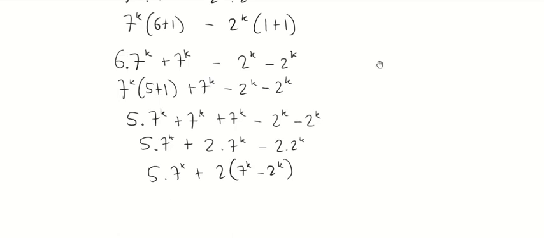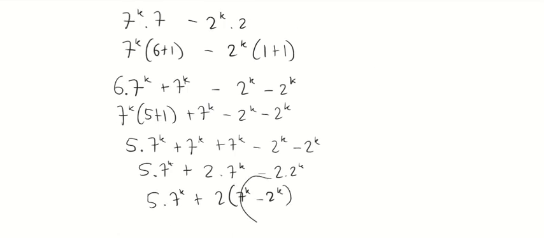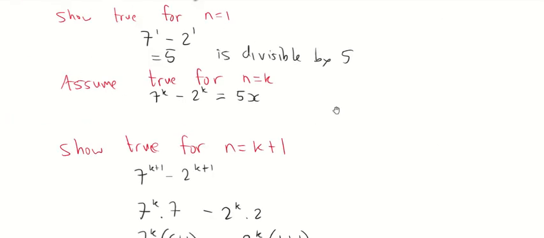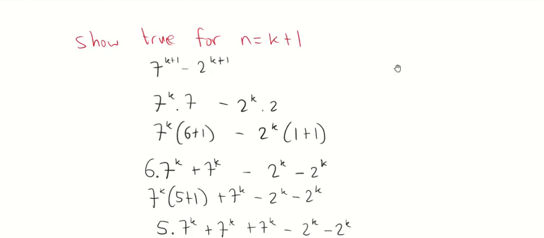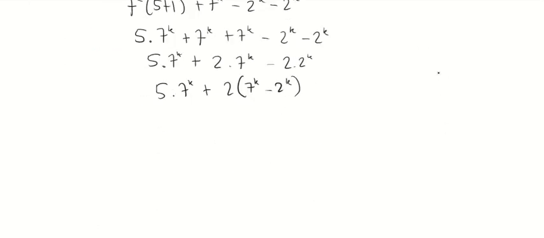Now if you look back up at the assumption, this 7 to the power of k minus 2 to the power of k is part of the assumption. We've said that that is equal to 5x, so I'm just going to let that be equal to 5x. So it'll just be 2 times 5x, which would be 10x, wouldn't it?